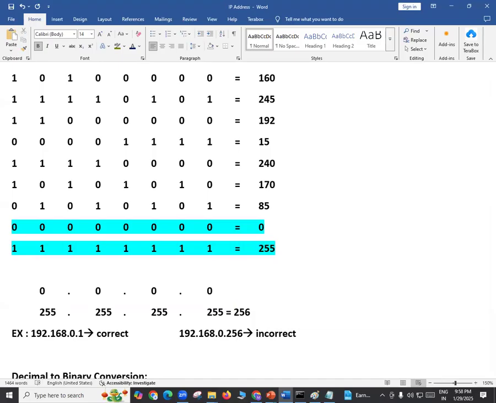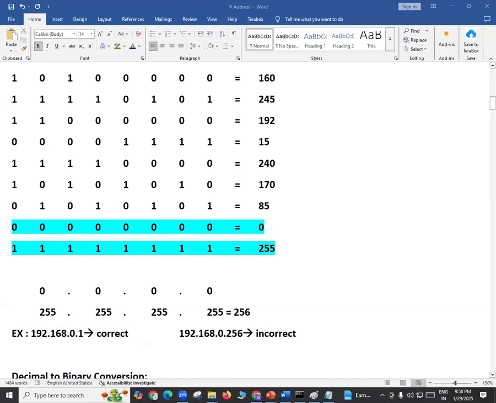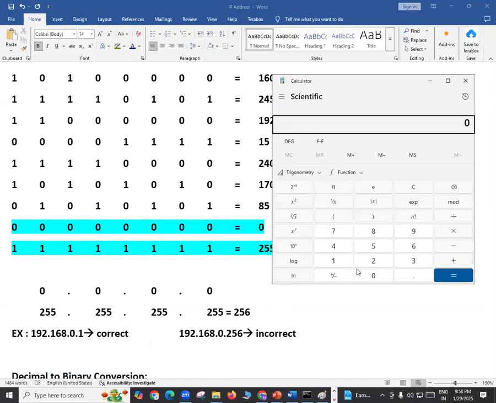Now let's see one calculation here. If I go to my calculator and I say 2 power 32. Why 2 power 32? Because there are totally 32 bits in IP version 4. What is the number? Can you see this number? 4294967296. If I say 256 multiplied by 256 multiplied by 256 multiplied by 256, how many 256? 4 256.